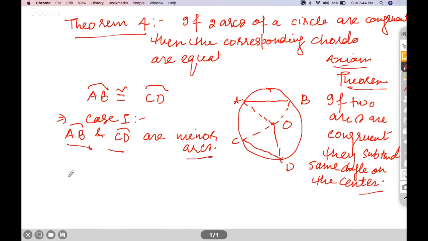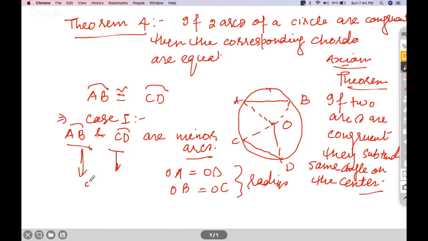So now, if they are minor arcs, I'll write that OA is equal to OD, OB is equal to OC. So these are my radii. The two triangles you already know, they are OAB and OCD. And I'll write angle AOB is equal to angle COD.